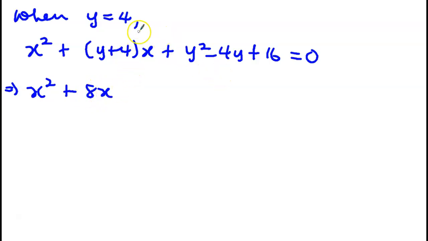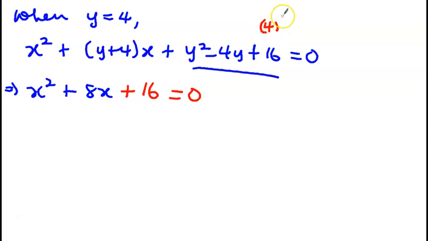Now when you put y equal to 4 in this expression, we are going to get plus 16, which is equal to 0, right? Because you put 4 squared minus 4 times 4 plus 16. 4 squared is 16, and this one too is 16. So minus 16 plus 16 go to 0, so we are left with 16.